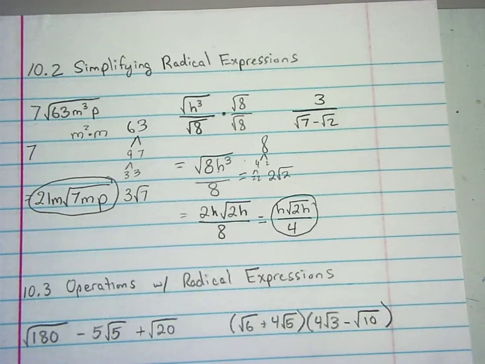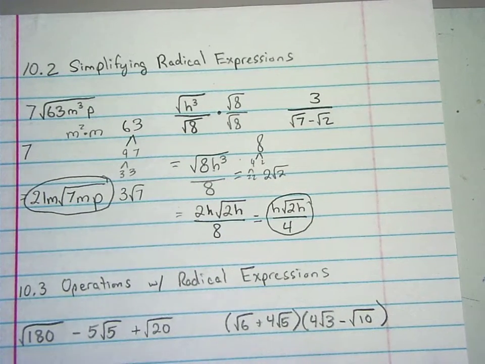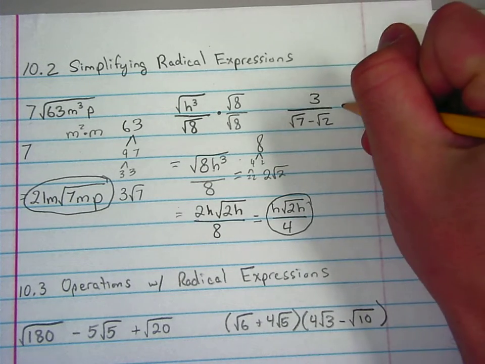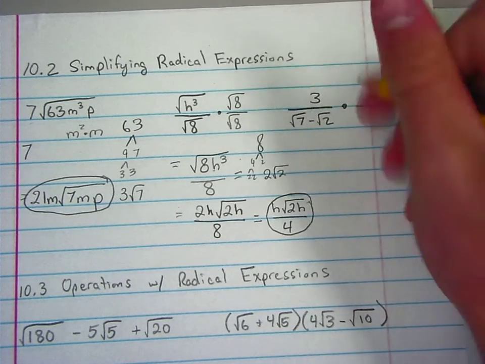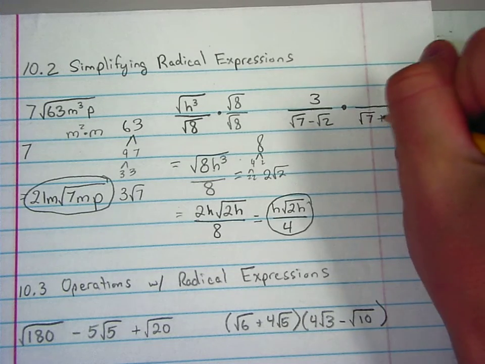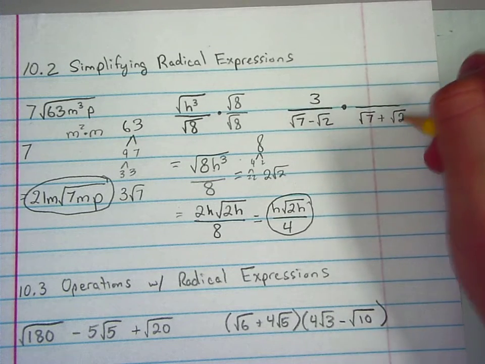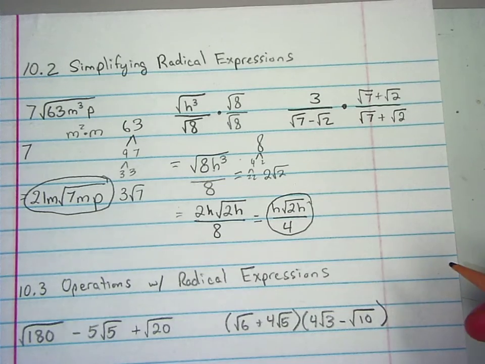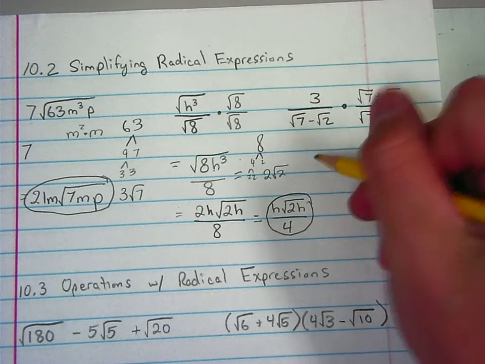And then we have one more problem from 10.2, in which we have to multiply the top and the bottom by the conjugate. So we're multiplying by the square root of 7 plus square root of 2, top and bottom. You're going to distribute the 3.